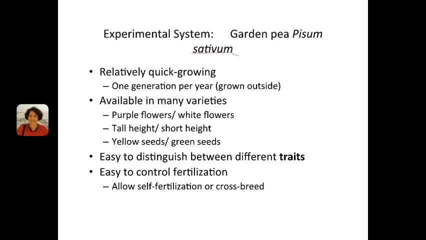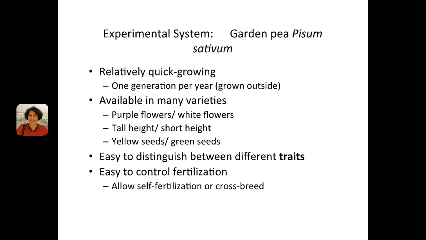It was inexpensive, it grew relatively quickly, so he could observe a generation each year if he grew it outside. It was available already in many well-established varieties, so he could choose from seeds that would give him plants with purple flowers or white flowers, tall or short plants, etc.